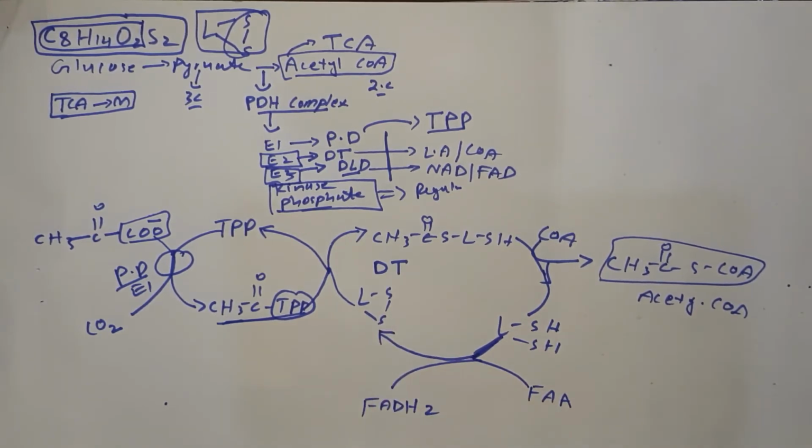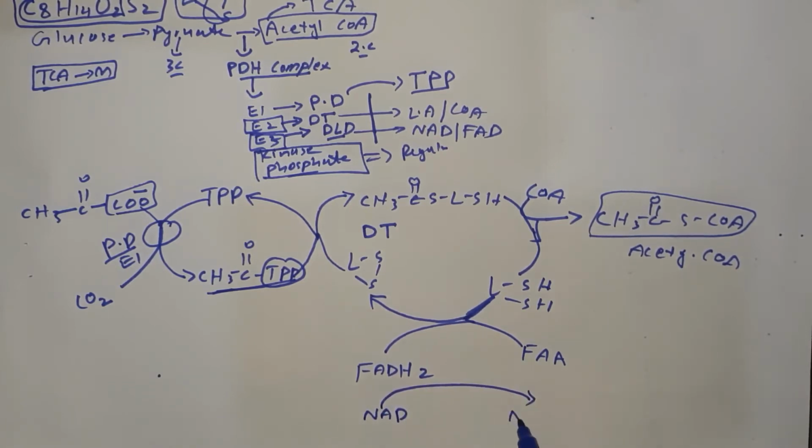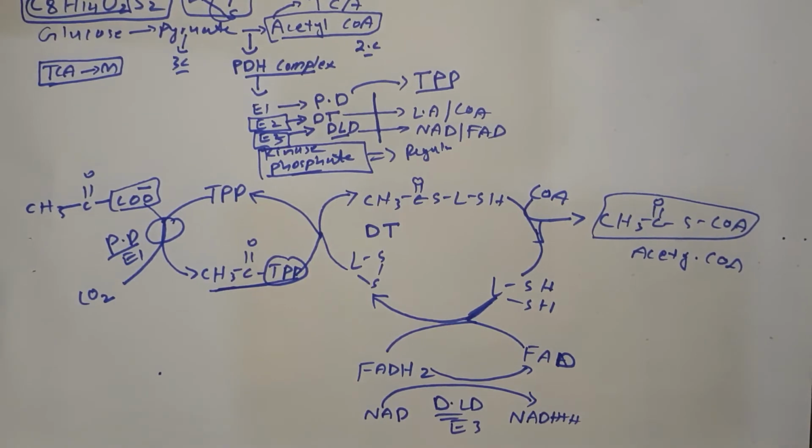This FADH2 in turn reacts with the second coenzyme, NAD, and gets converted into NADH plus H, and the original FAD is regenerated. This third reaction is catalyzed by dihydrolipoyl dehydrogenase or E3.